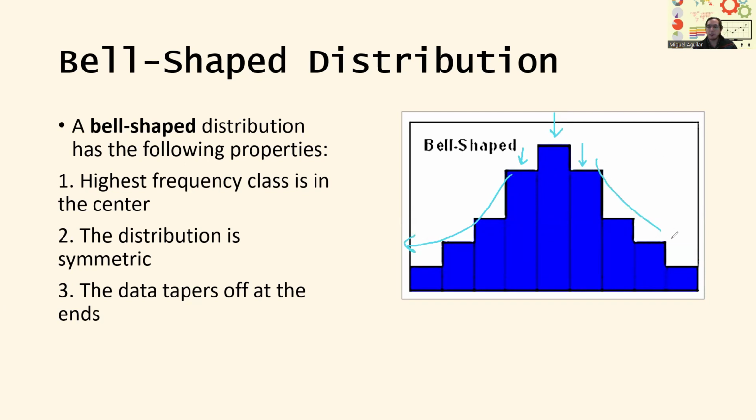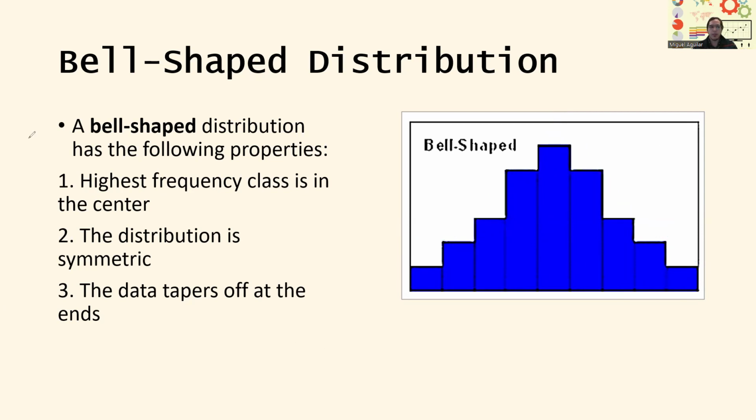We have the least frequent classes on the ends of our distribution. Okay, this distribution is symmetric, and as I said, the data sort of tapers off at both the left and right end of the graph.